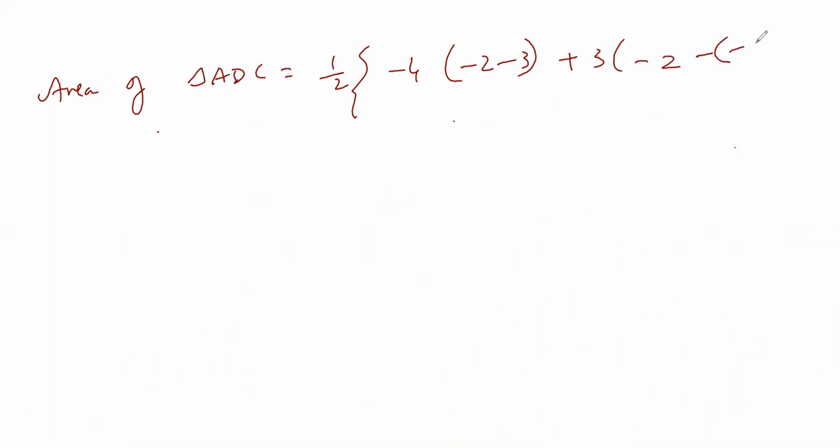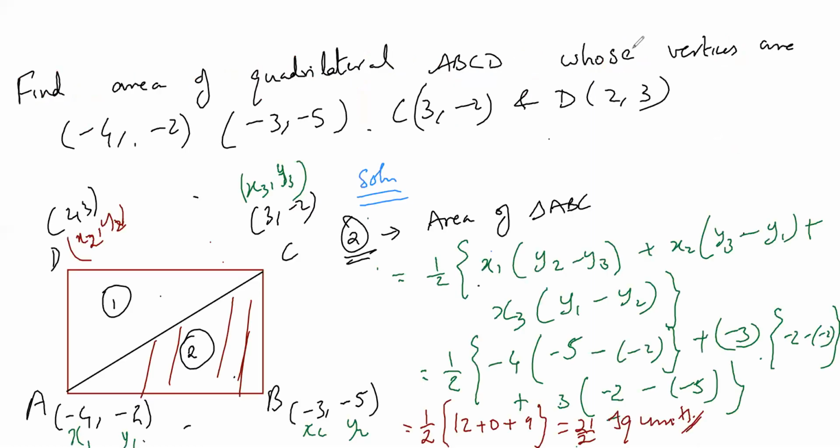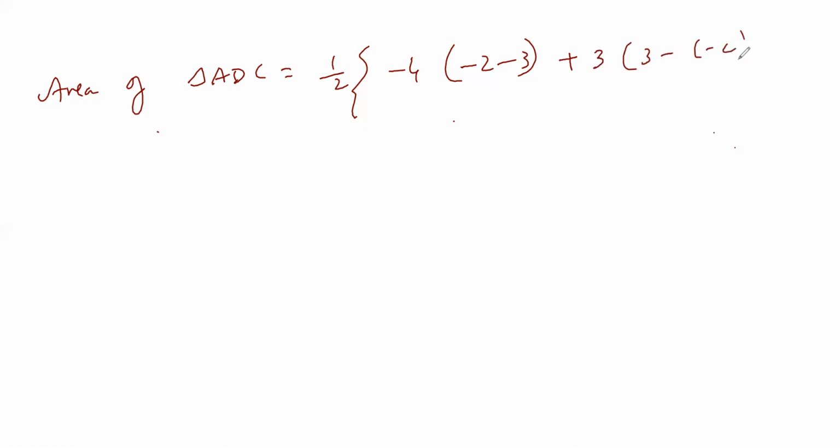Area of triangle ADC is nothing but what? Half into minus 4 into minus 2 minus 3, plus 3 into minus 2 minus, plus 3 into 3 minus minus 2.